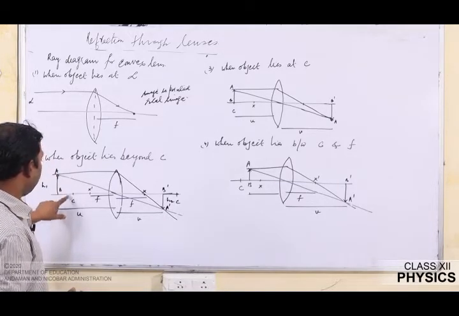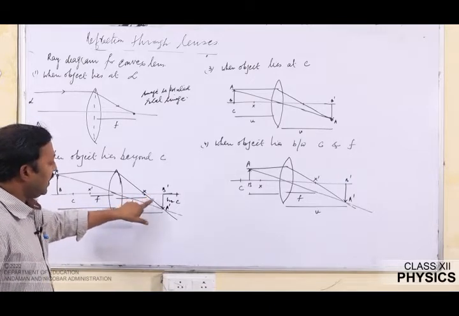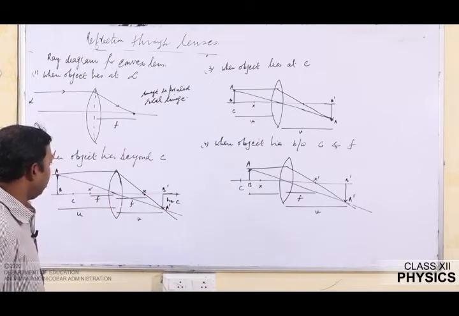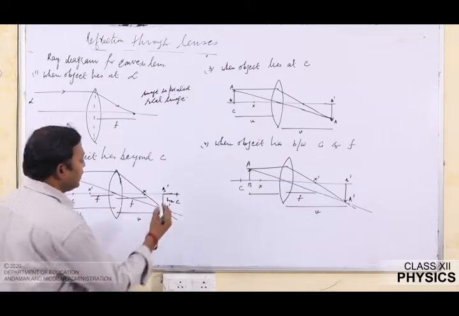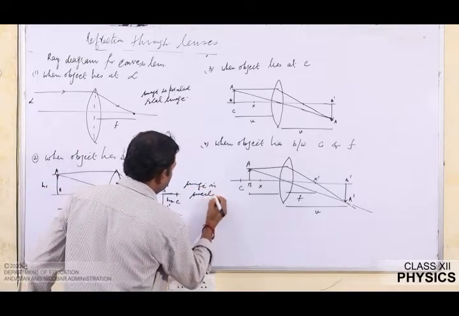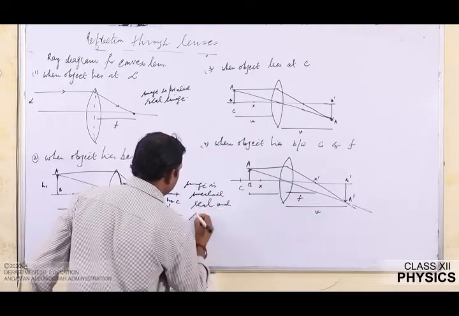If the object lies beyond C, the image will form between the focus point as well as the center, and its size is smaller than the object size. In this case, we are seeing the image is inverted, real and small.